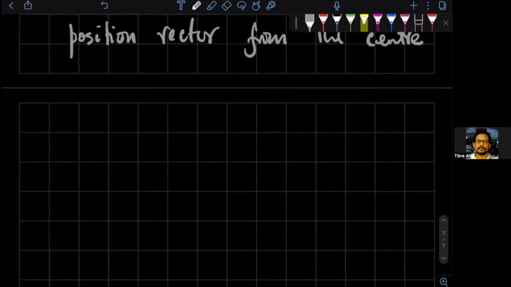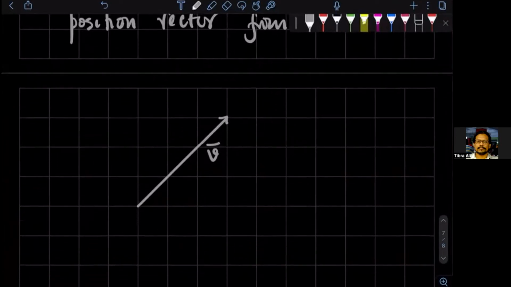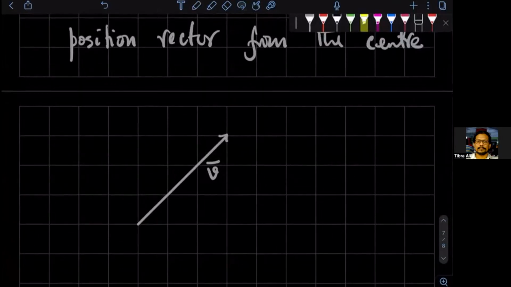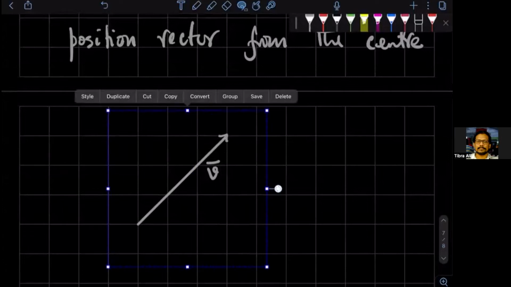So for example, let this be V. Okay, so this is some vector V. And now, suppose we make some transformation on V, which is by B. So B takes us from V to something else.